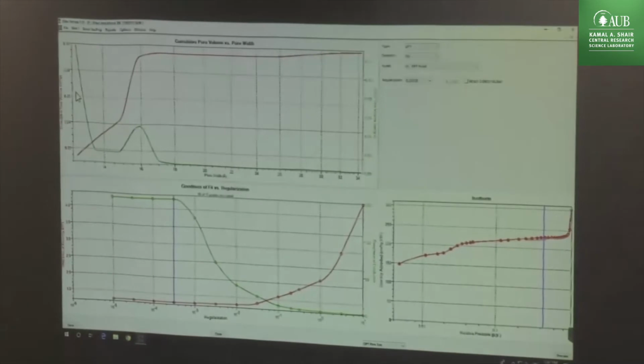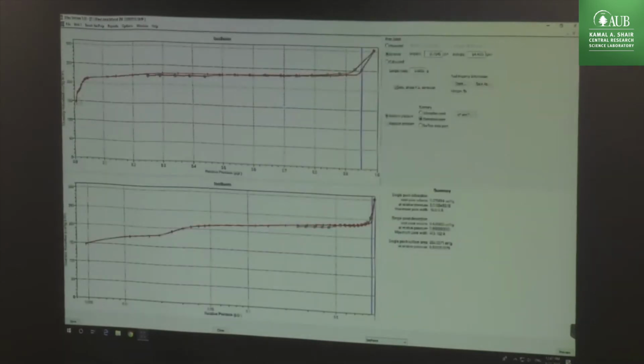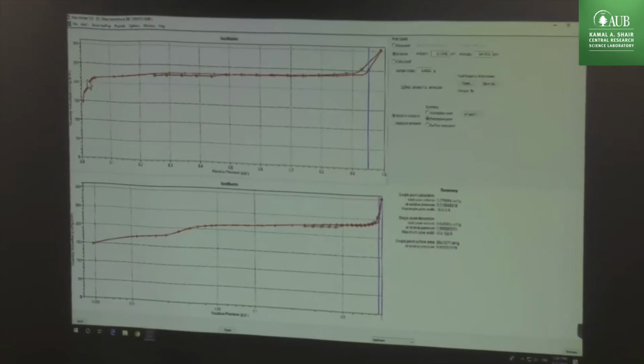16 Angstrom. You have a bimodal distribution. You saw the bimodal in your adsorption isotherm, you have a bimodal distribution of the micropores. Do you remember that? You see one here and one there. Yes, one is 16 Angstrom and the other is 11.